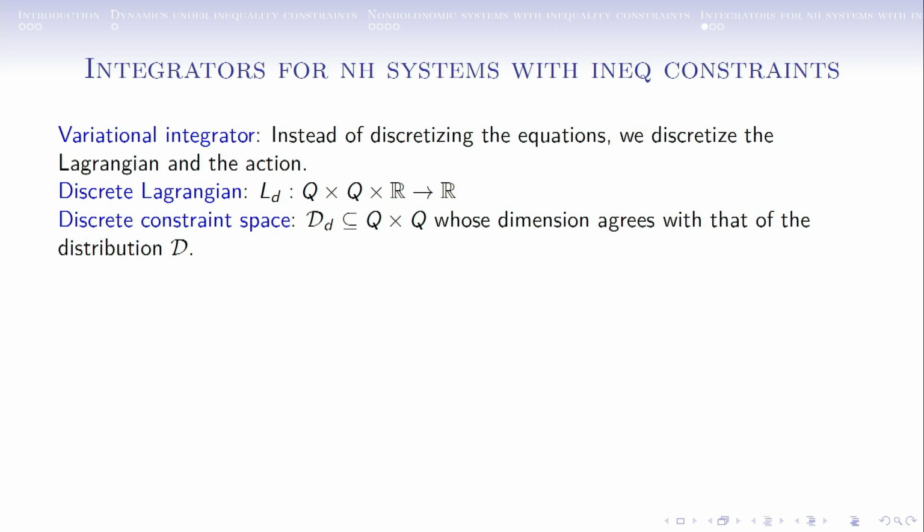Then we must discretize the distribution. The discretization is just a submanifold of Q times Q with the same dimension as the distribution.